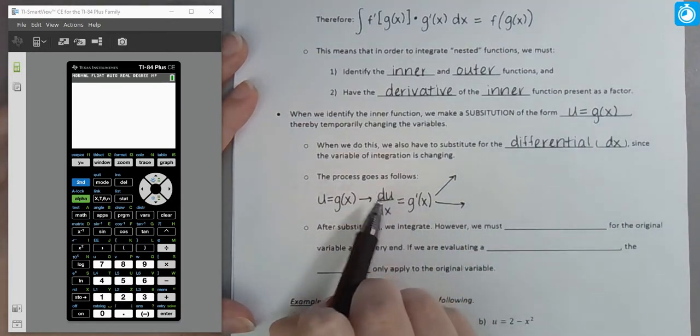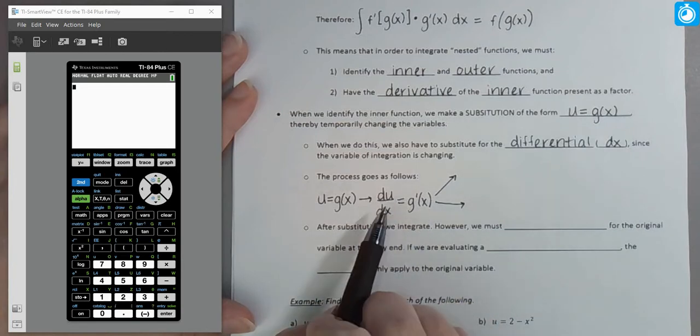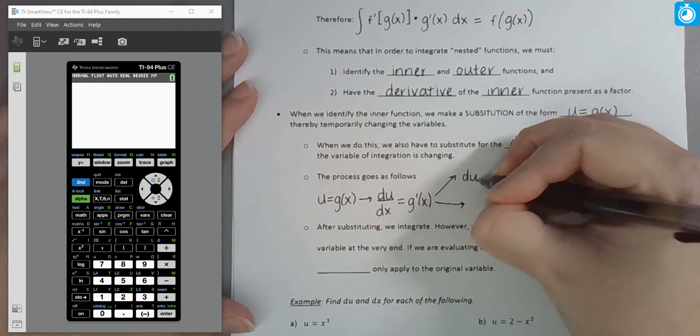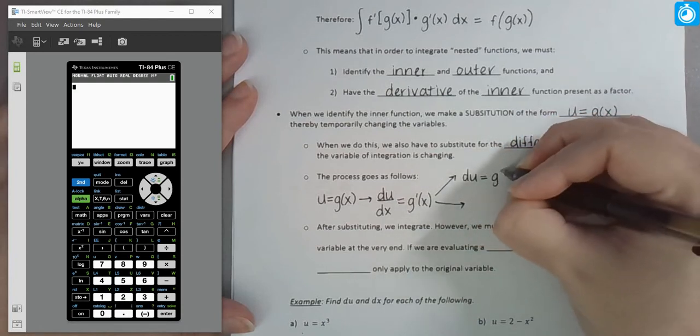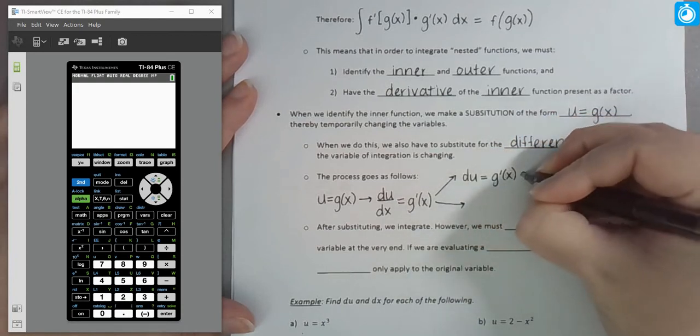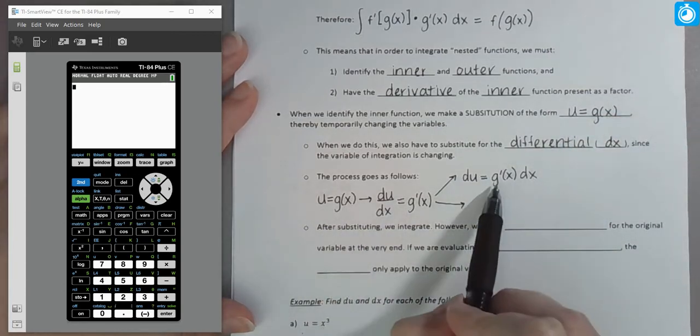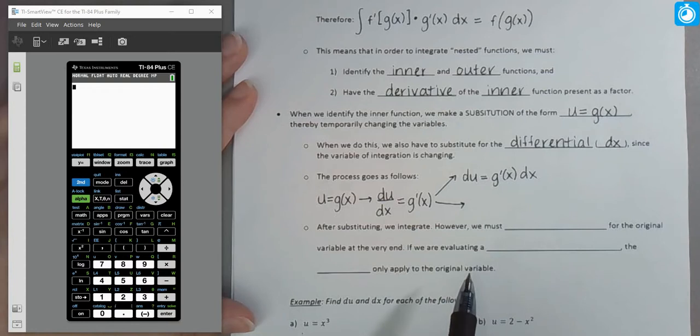If we isolate du, all we would have to do is multiply both sides by that denominator dx and move it over. So we have du is equal to g prime of x dx, whatever that happens to be, based on what the function g(x) is and its resulting derivative.